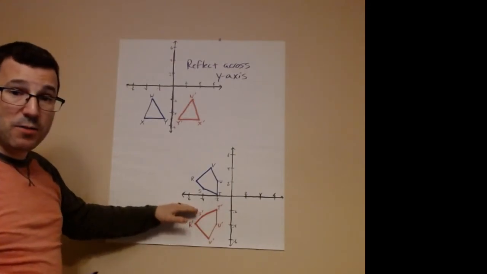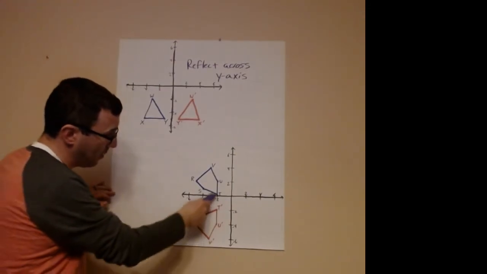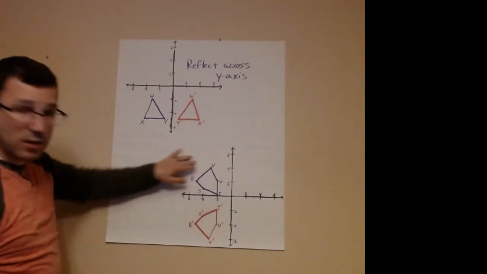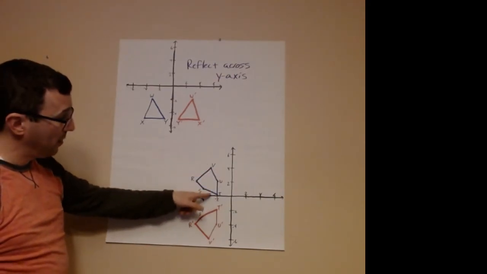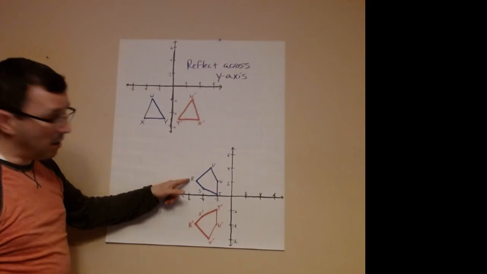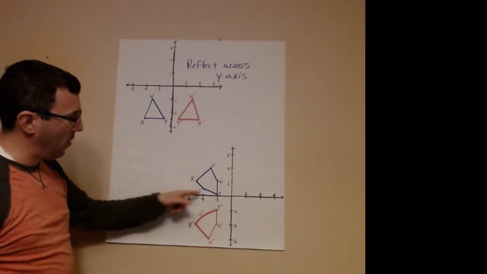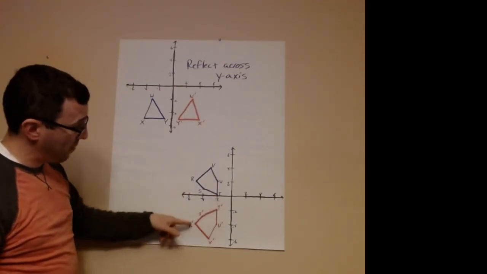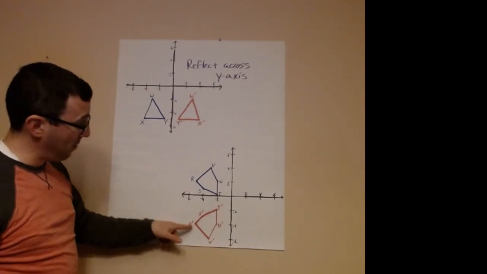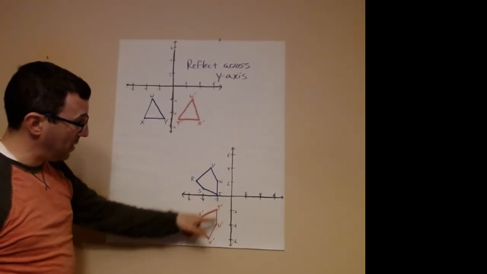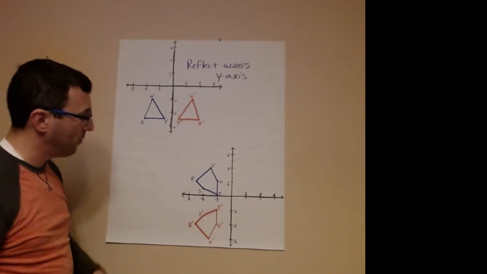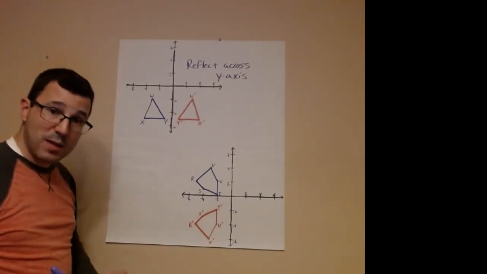Okay. We'll do the same down here. My pre-image is up here in blue. It's polygon RSTUV, and we have our image down here, R prime, S prime, T prime, U prime, V prime. And we're going to do the same thing. We're going to count.